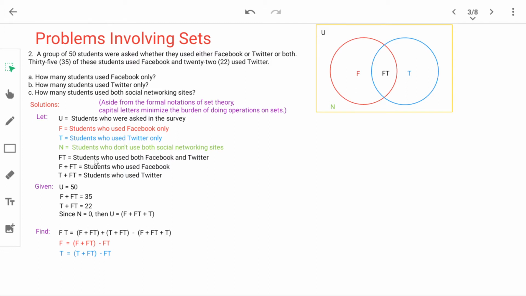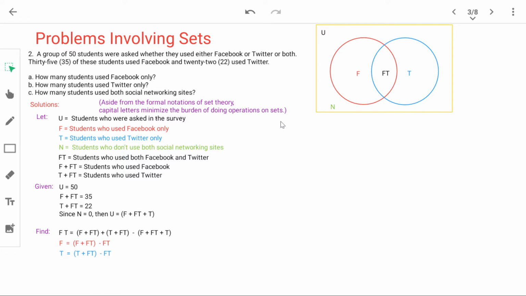FT, students who use both Facebook and Twitter. F plus FT, students who use Facebook. T plus FT, students who use Twitter.